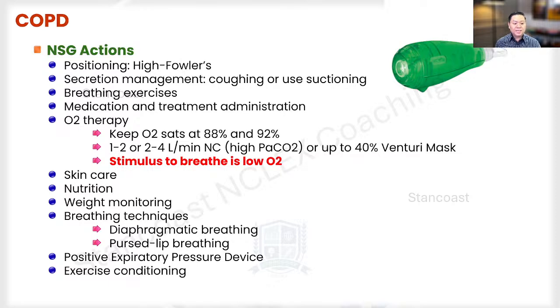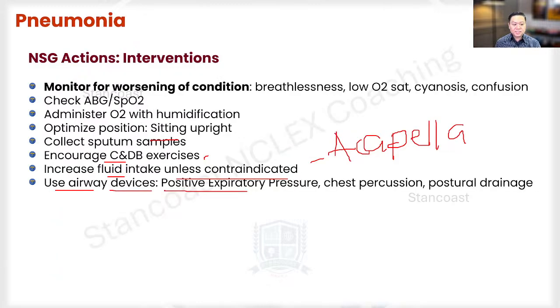All right. Now, let's go back to that slide 276. I think we are here. Yes, so that is the Acapella. Another modality here is to have the chest percussion and also the postural drainage, or the use of the vibration kind of like vest.